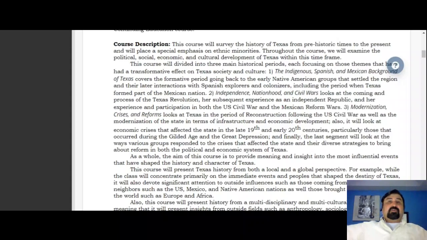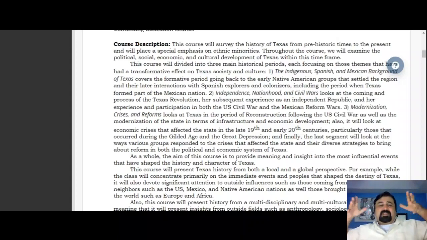So we have more influence, more groups coming into Texas. In this case, from the United States, peoples who are also bringing their own ideas, their own cultures, and their political philosophies that we're going to talk about in great depth.